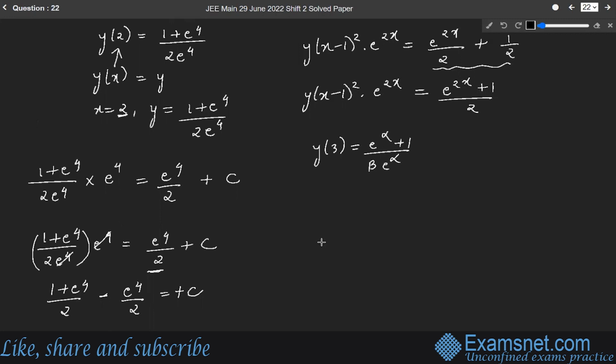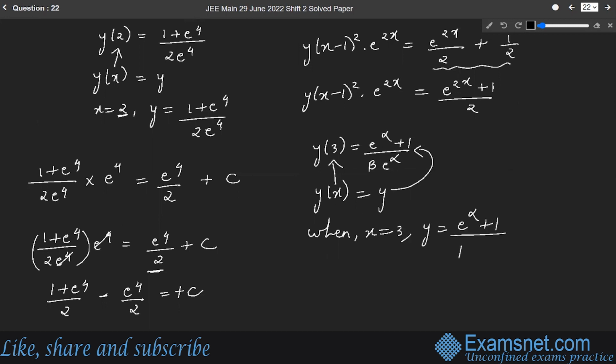When we compare it with the solution, y(x) is a solution of the differential equation. So when we compare the values, here x is equal to 3 and y is equal to (e^α + 1)/(β e^α). It means that when we put x is equal to 3, then we get y is equal to (e^α + 1)/(β e^α).